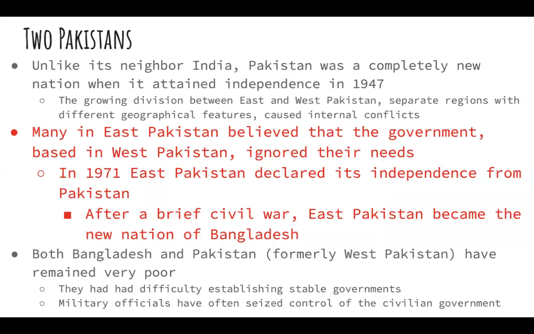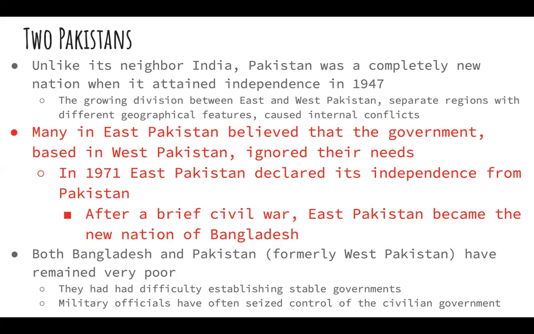To Pakistan. So unlike its neighbor India, Pakistan was a completely new nation, having attained independence in 1947. The growing division between East and West Pakistan, separate regions with different geographical features, will cause internal conflicts. Many in East Pakistan believed that the government based in West Pakistan ignored their needs. So in 1971, East Pakistan declared itself independent from Pakistan.